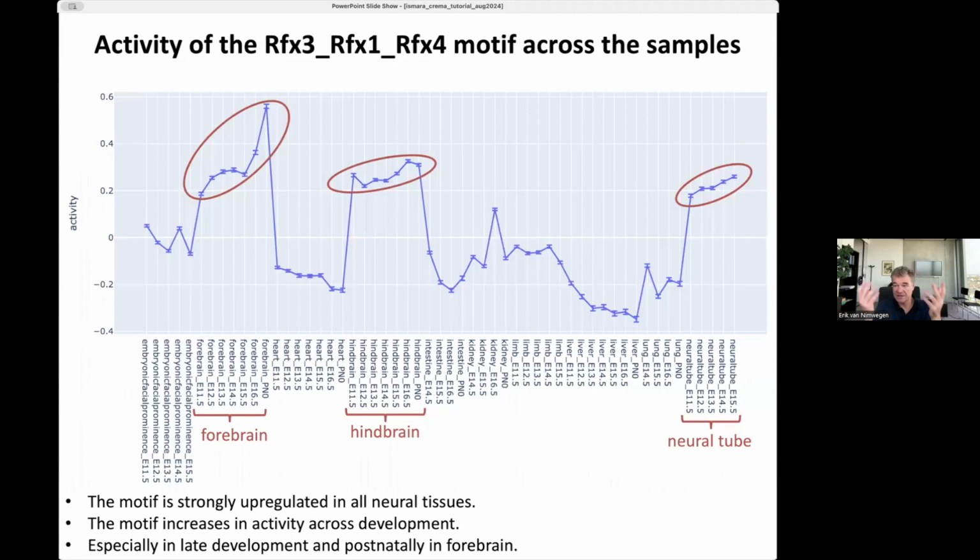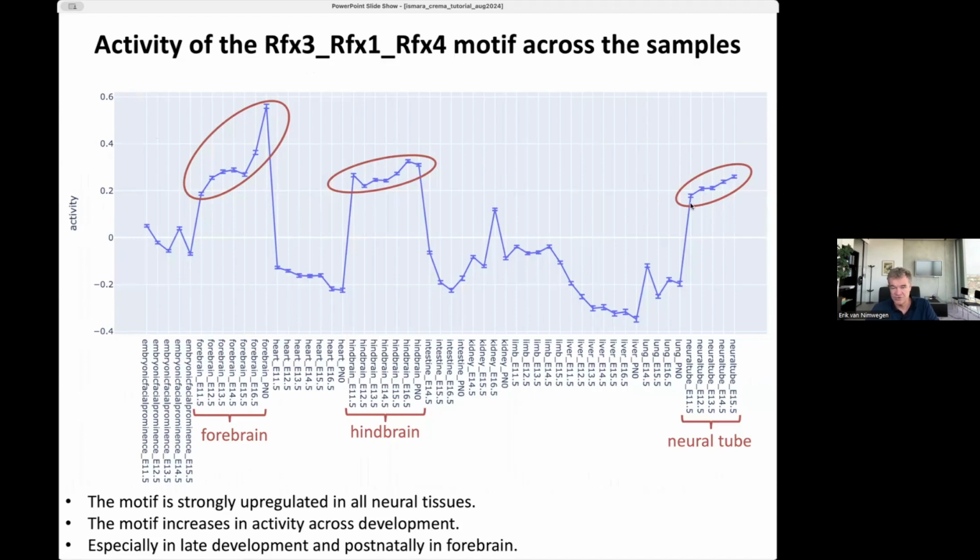All right, so now what does this activity look like across the samples? So remember, we here have samples from different tissues and from different time points. So we've sorted them here by tissue and then for each tissue by time point. And so if you look at this plot, you will see that this motif is most active within brain samples.